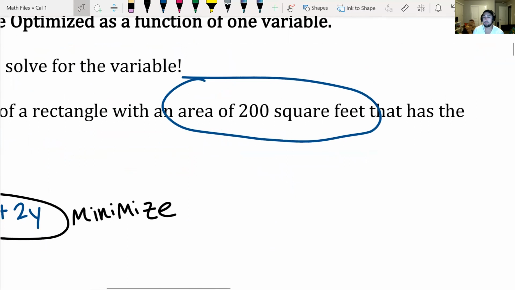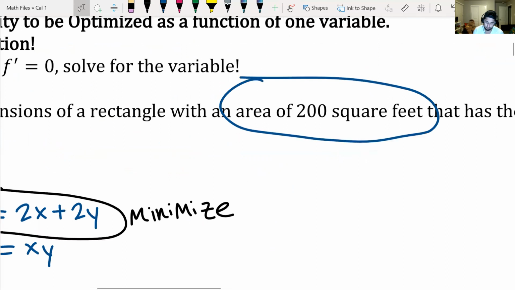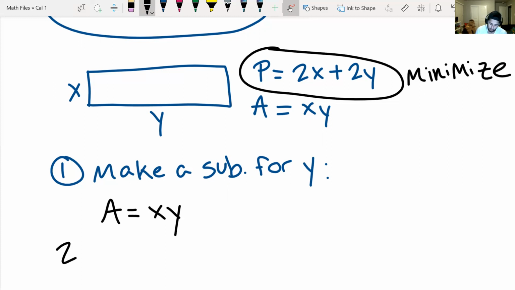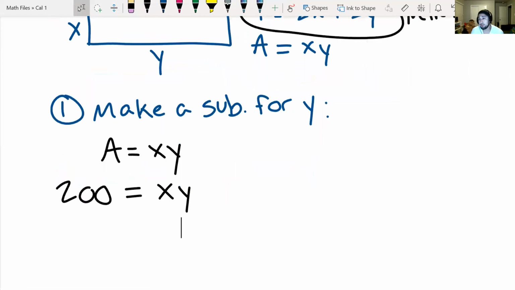We know that the area of this rectangle is 200 square feet. So that's what we're going to do here. First, I'll rewrite the area equation. Area equals x times y. But now we know that area is 200 square feet. And now all we have to do for this equation is solve for y.